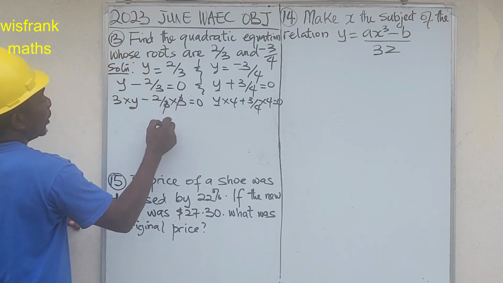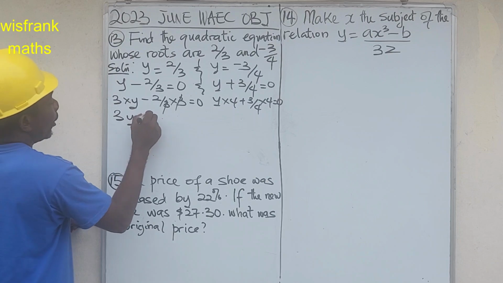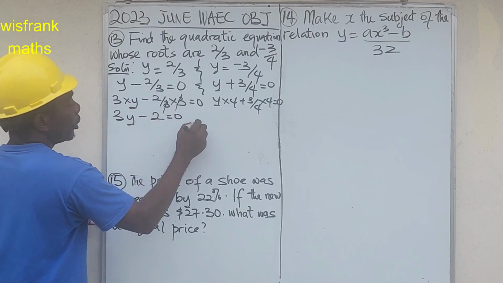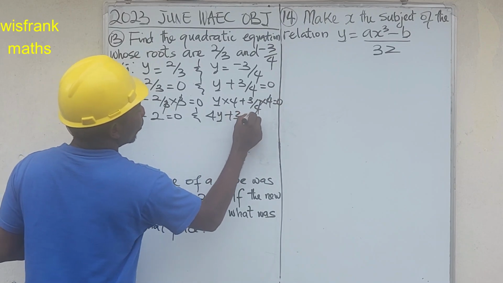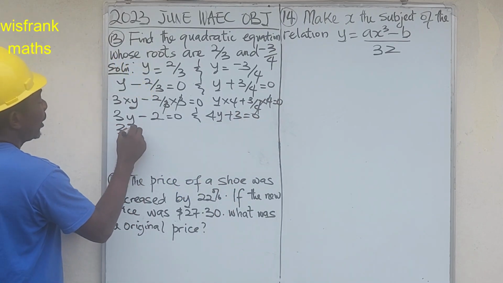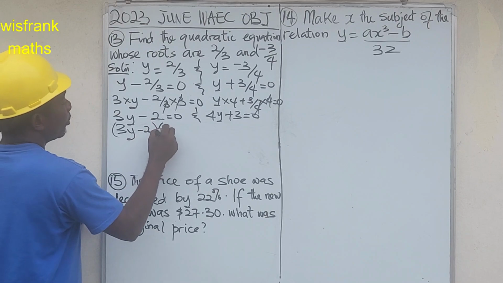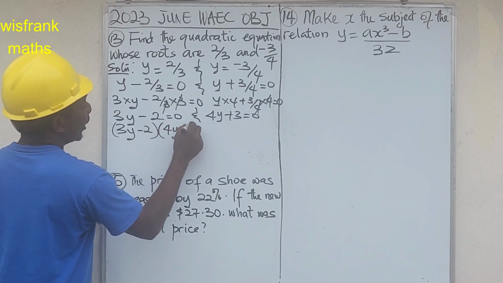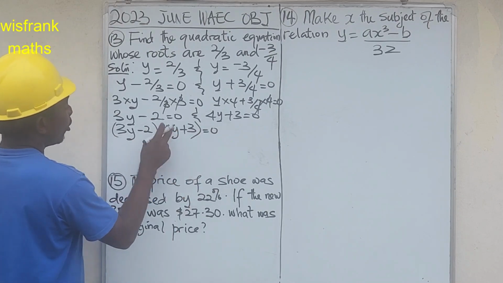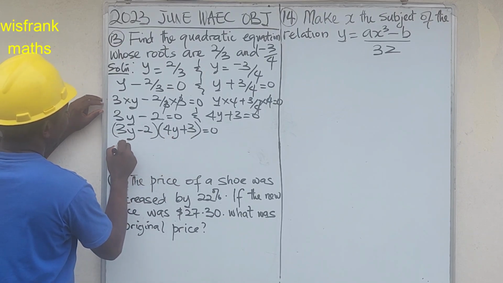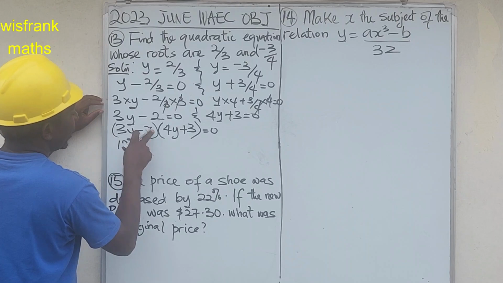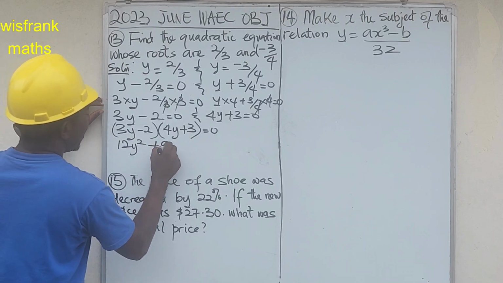Here, 3 will cancel here out and it becomes 3y minus 2 equals 0. And here is 4y, 4 will cancel here, plus 3 equals 0. So this is the same thing as 3y minus 2 multiplied by 4y plus 3 equals 0. When we multiply this out, we are going to have 3y times 4y, we have 12y squared. We have 3y times 3, we have plus 9y.